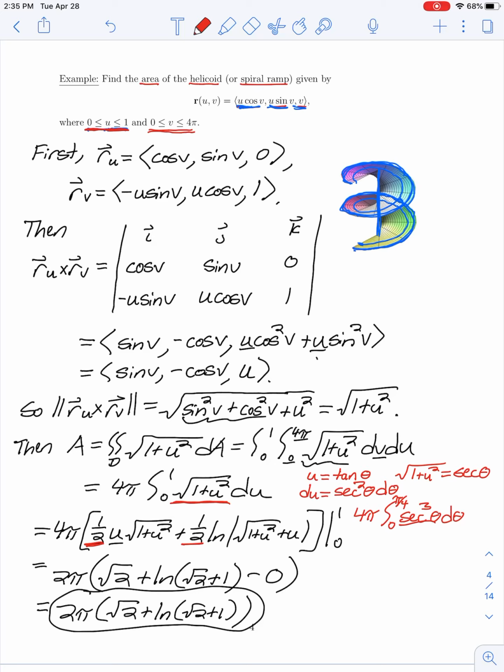Now in the next part of this section, we will introduce the idea of a surface integral of a function of 3 variables. That's similar to a line integral over a curve in the plane. Instead, we're going to integrate a function over some surface that lies in space.